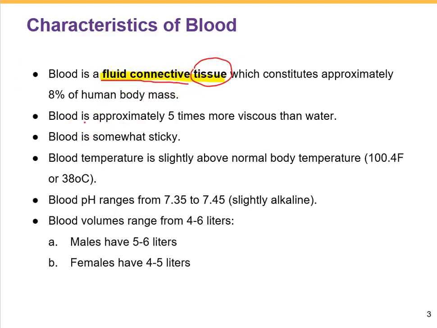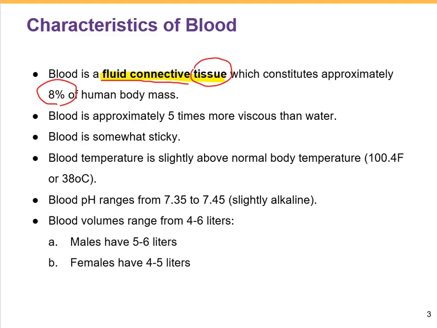Did you know that blood makes up about 8% of our body weight? And also, blood is a little bit more viscous than water. It's approximately 5 times more viscous than water. That's why it can seem a bit sticky sometimes.